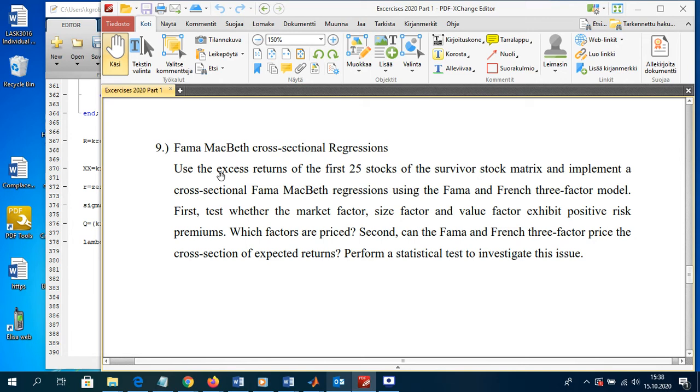First, test whether the market factor, size factor, and value factor exhibit positive risk premiums, so the average lambdas should be positive. Which factors are priced? We also have to check the t-statistics. Second, can the Fama-French three-factor model price the cross-section of expected returns? Perform a statistical test to investigate this issue.